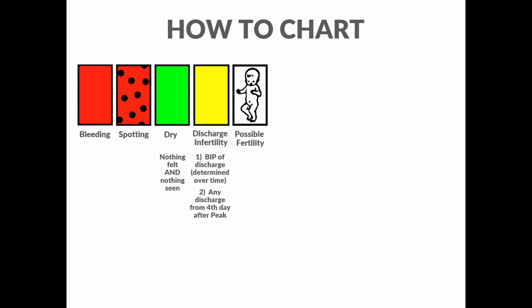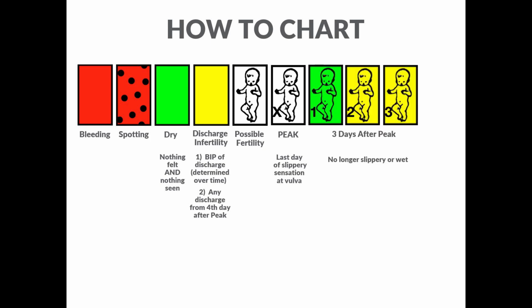And then we have our little white baby stamp. The white baby stamp is used when we have potential fertility or possible fertility on your chart. Then we have marking a peak day. Now I'll teach you how to do a peak in just a minute, but when we do recognize peak, we put an X on that day. And then we've got the little colored baby stamps. Now these confuse everybody. So we have the green baby stamp and the yellow baby stamp.